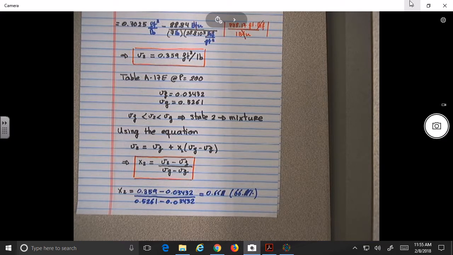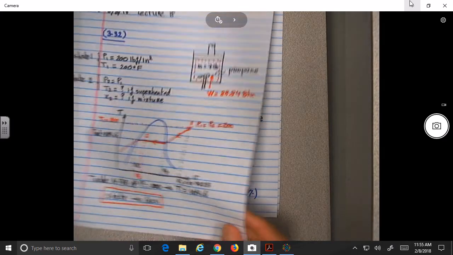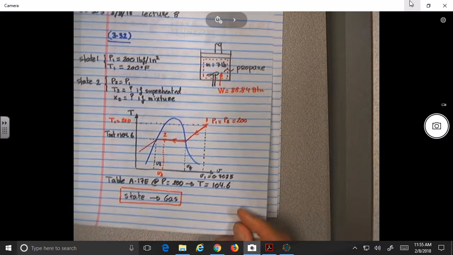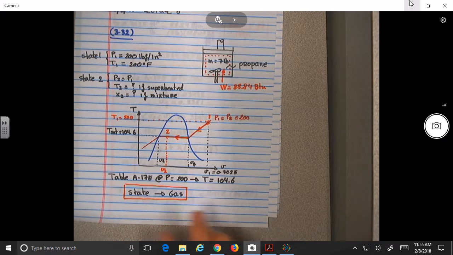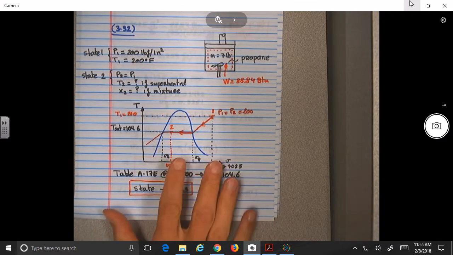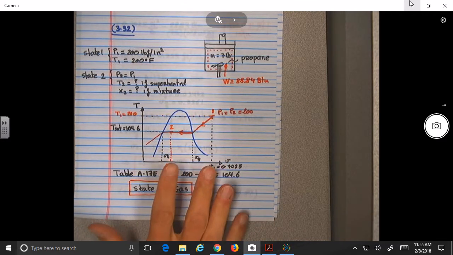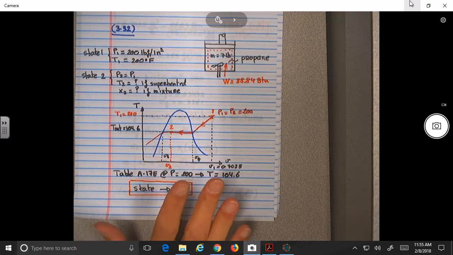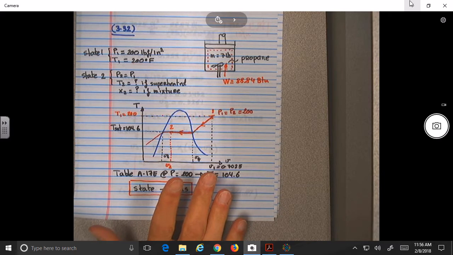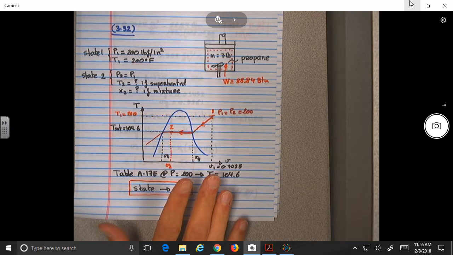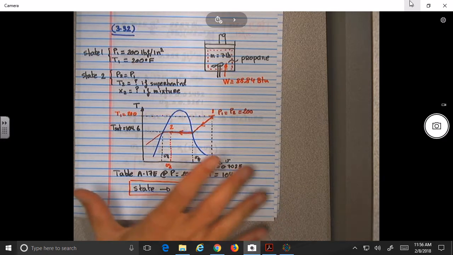Okay guys, so again, I always say these problems are not that complicated if you understand this figure and use the figure to solve the problem. If you try to solve the problem without a figure, it's impossible, okay? So the most important part is to do this page over here.